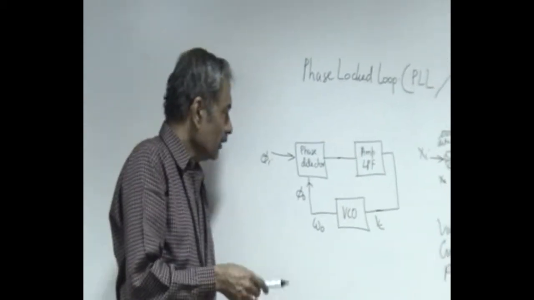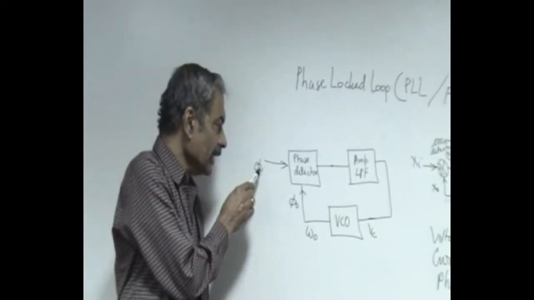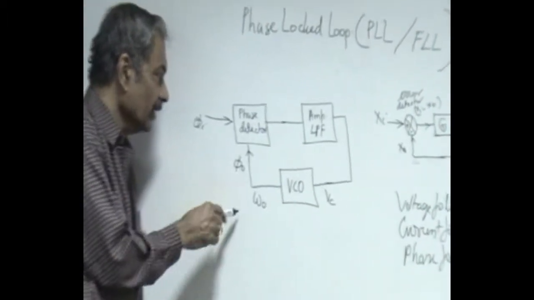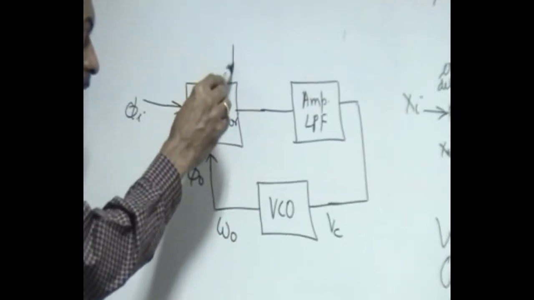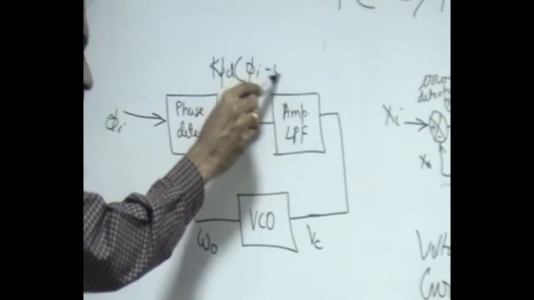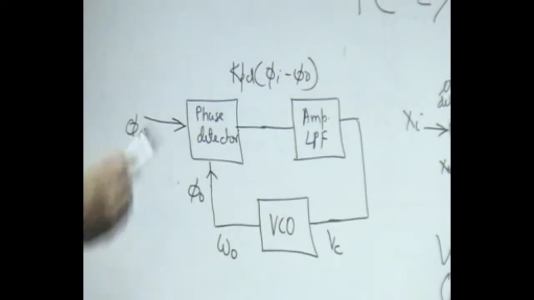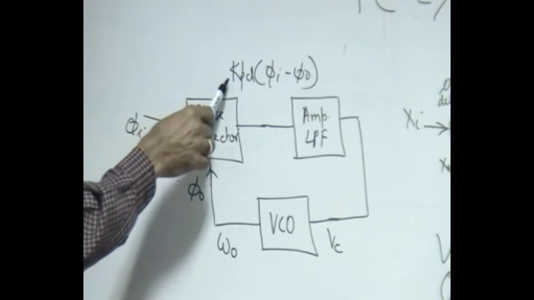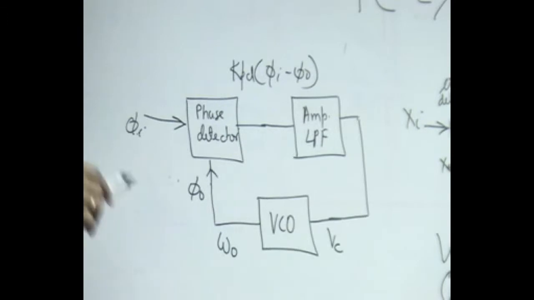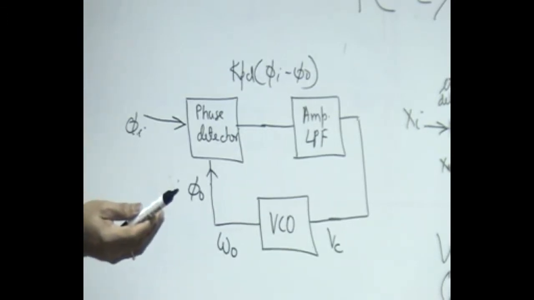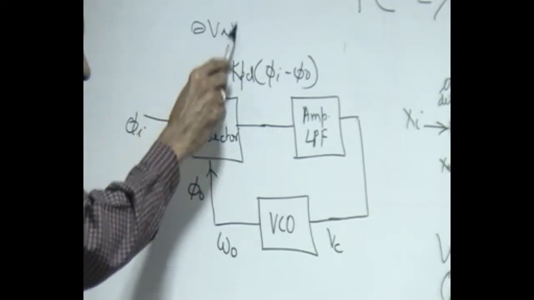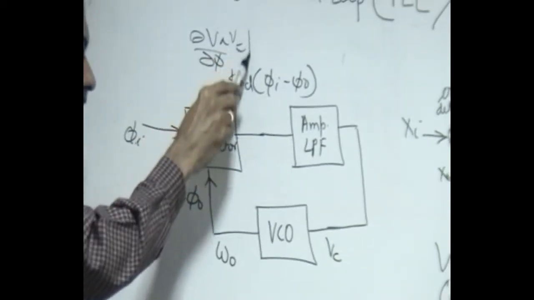Here we have to start with analyzing this, assuming that this is phi I and this is phi naught, and this gives you an output corresponding to kpd into phi I minus phi naught. So it is an average voltage corresponding to the sensitivity factor of the phase detector, which is delta V average divided by delta phi, nothing but kpd.